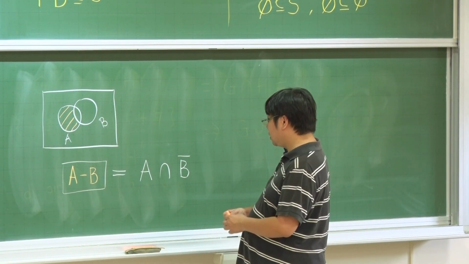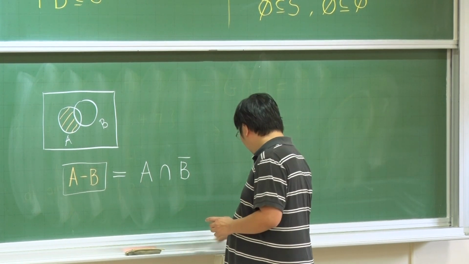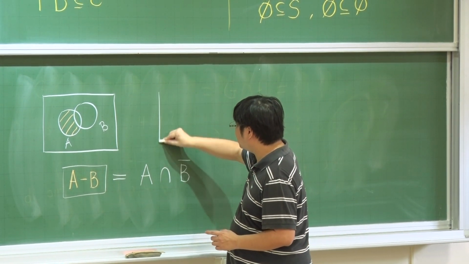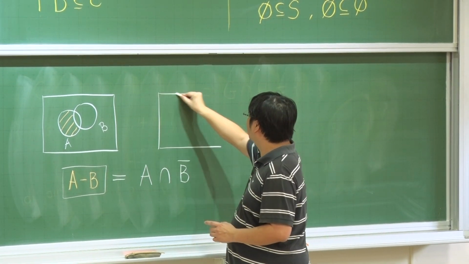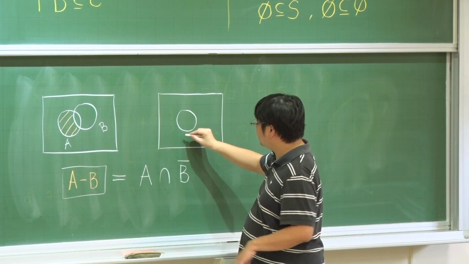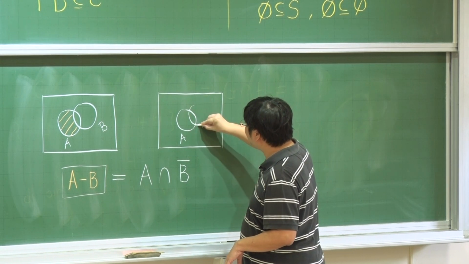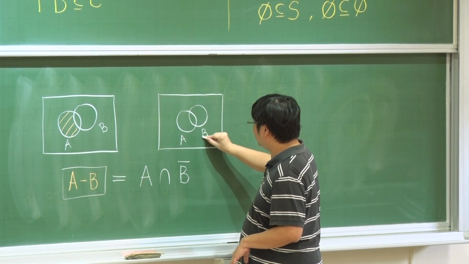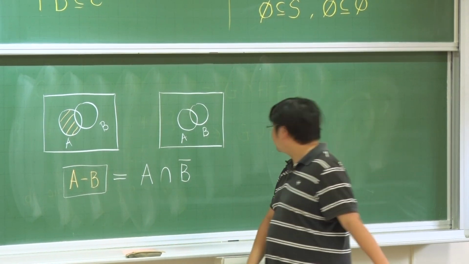So let's draw this again. This is A. So A is easy, right? The complement of B is difficult to visualize, but let's take a look at where the complement of B is.